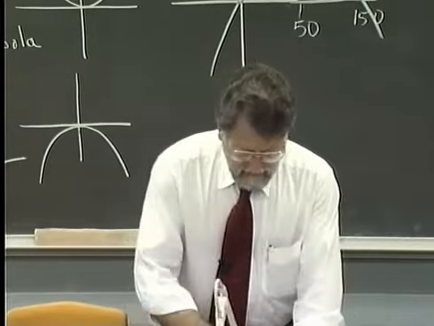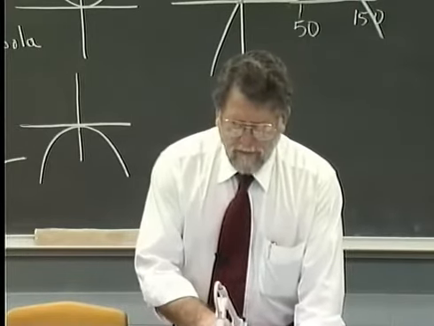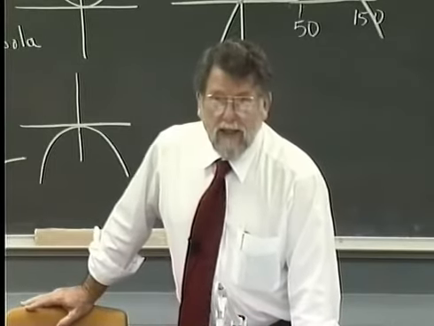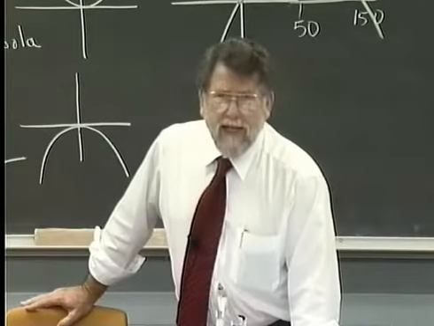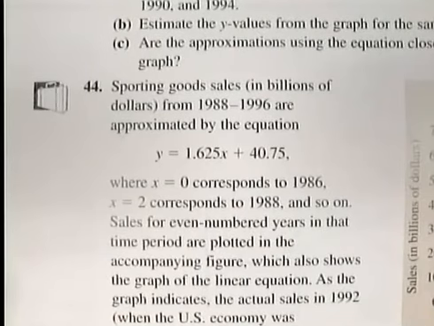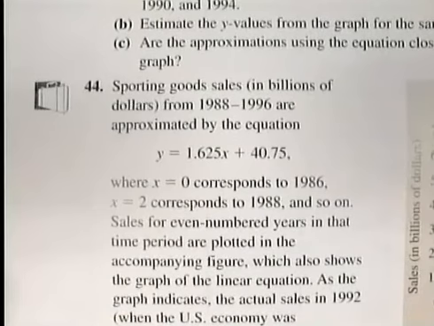Now, while we're doing that, to come back to a problem in the book, 198. This gets back to my earlier presentation. This is on page 198. Here's a case where you're looking at the sporting goods sales based by year from 88 to 96.